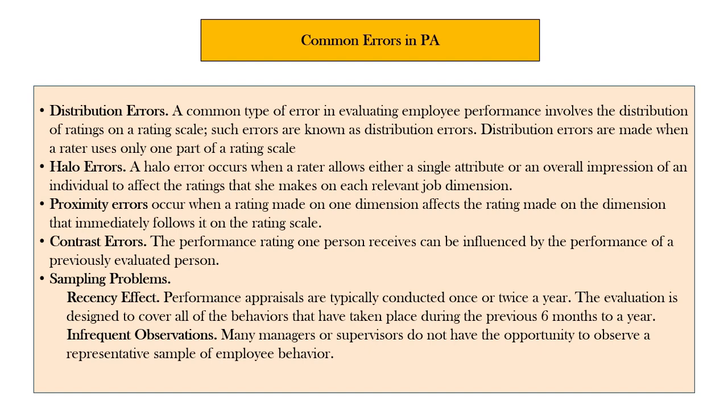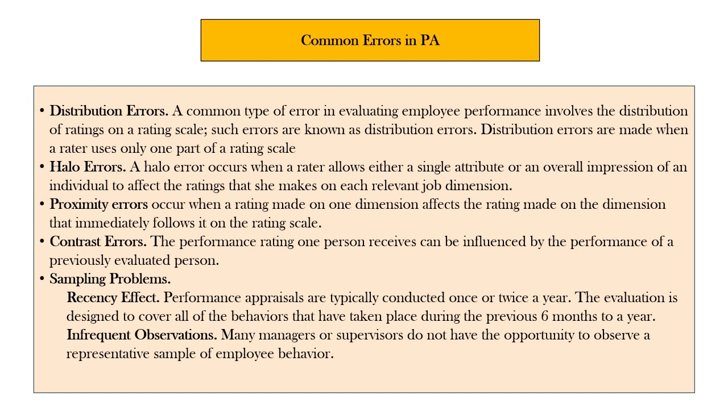We also have sampling problems. Number one is recency effect. These performance appraisals are typically conducted once or twice a year. The evaluation is designed to cover all the behaviors that have taken place during previous 6 months to a year.